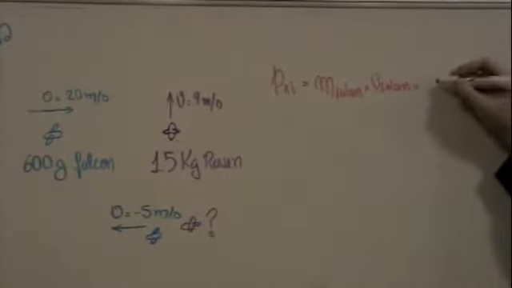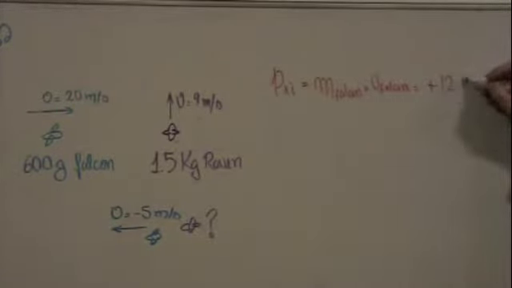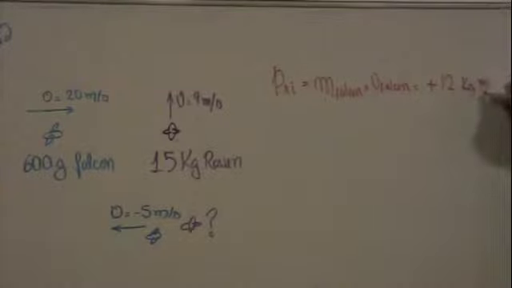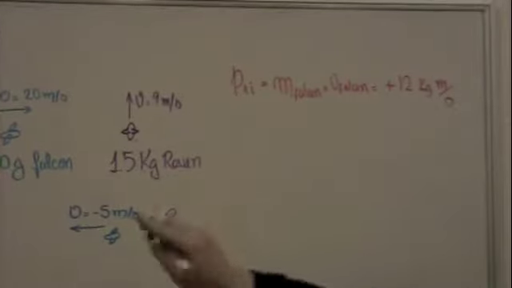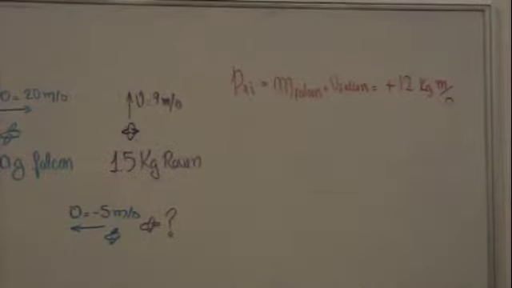And if you do the math, you will find that it's plus 12 kilograms meters per second. The plus is simply saying that I chose my positive axis to be to the right.